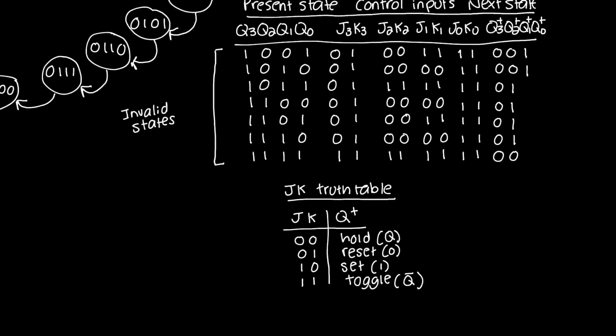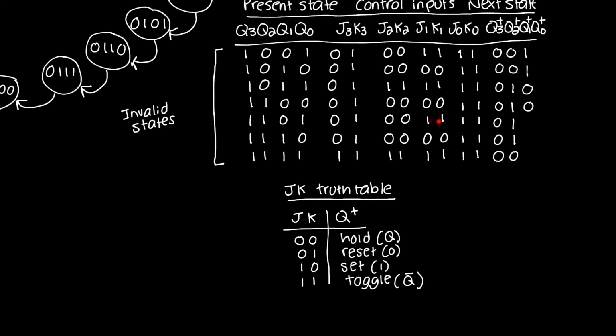How about over here? Toggle condition. So I'm sort of switching between toggle, hold, toggle, hold, toggle, hold, toggle. So over here, toggle condition, Q1 is high. I'm going to toggle that to a 0. Over here, hold, Q1 is 0. I'm going to hold that 0. What about over here?